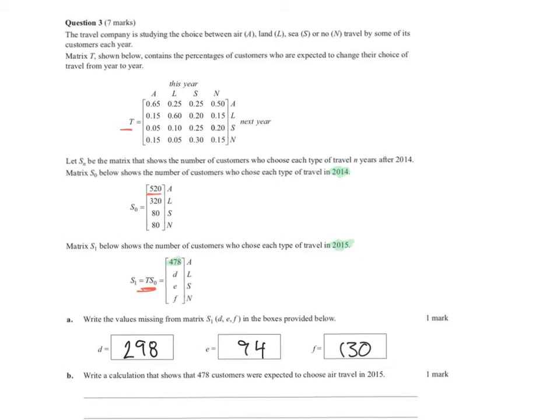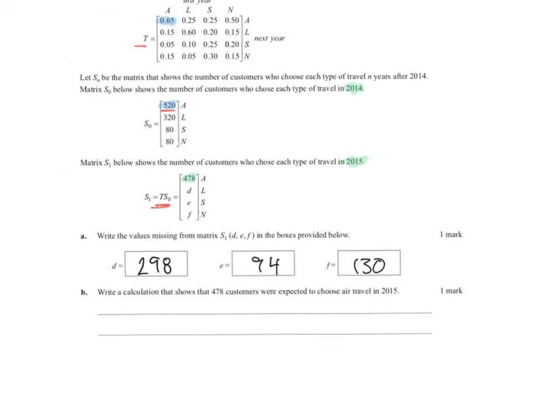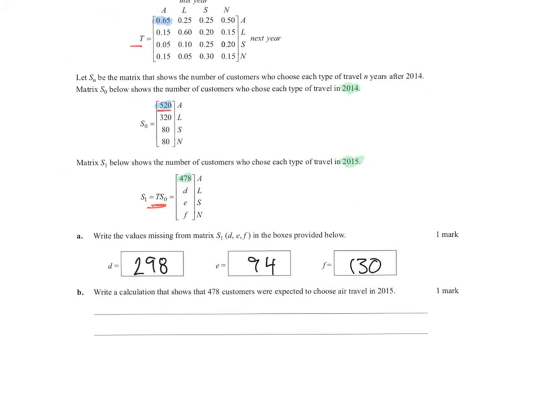Of the 520 customers that chose air travel, the number that will choose air travel again is 65%. So they're going to contribute towards that 478. So it's going to be 520 times 65.